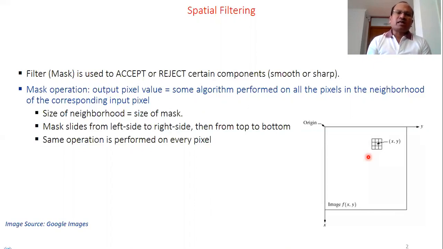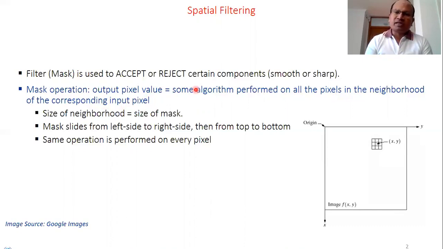Say mask operation. In the masking operation, your output pixel value, meaning the pixel values present in the output image, how will we get this? Some algorithm is performed on all pixels in the neighborhood of the corresponding input pixel.